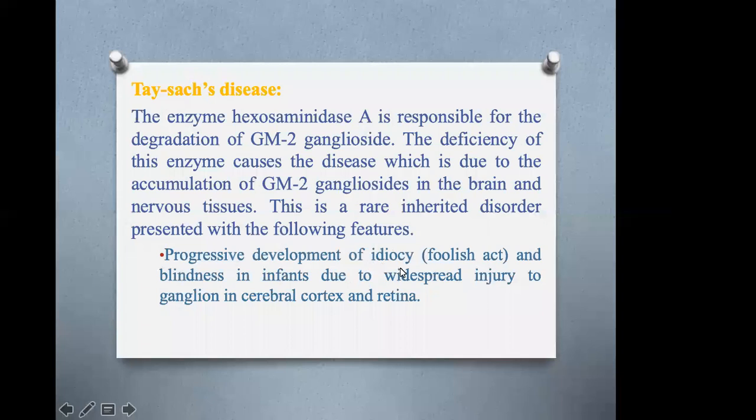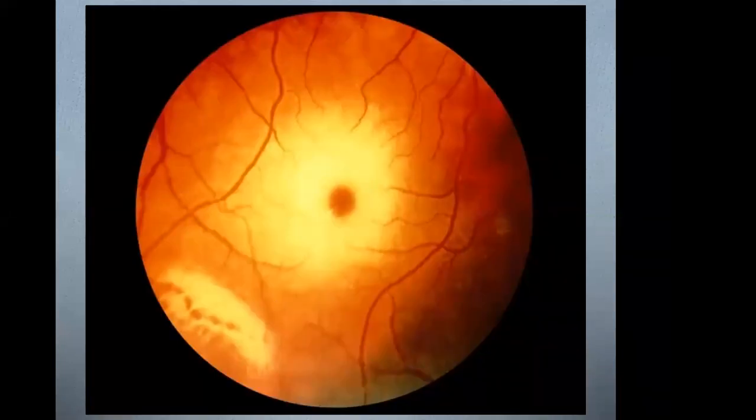Progressive developmental idiocy, weakness, and blindness in infants due to widespread injury to the ganglion cells in the cerebral cortex and retina. This is the retina of a baby suffering from Tay-Sachs disease.